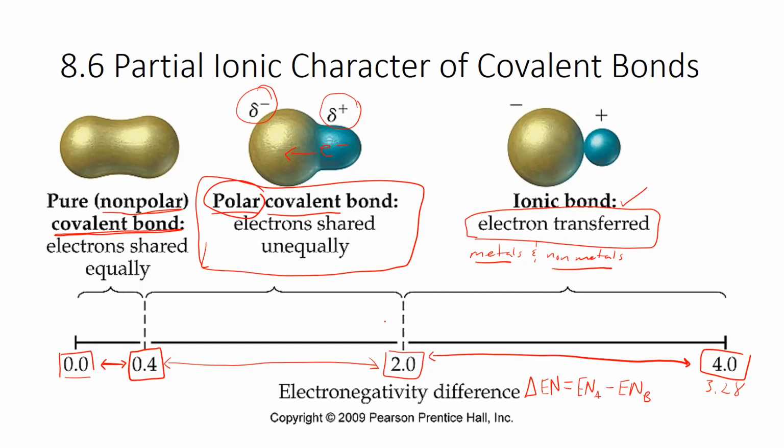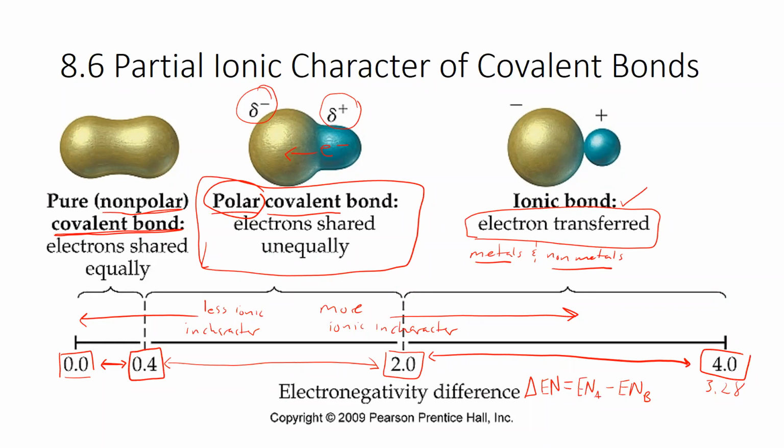You can also look at this as going toward the right side. As you get larger electronegativity differences, we can say that those are more ionic in character, and when they're smaller, that's going to be less ionic in character. If it's less ionic, it's more covalent, more equally shared electron density.